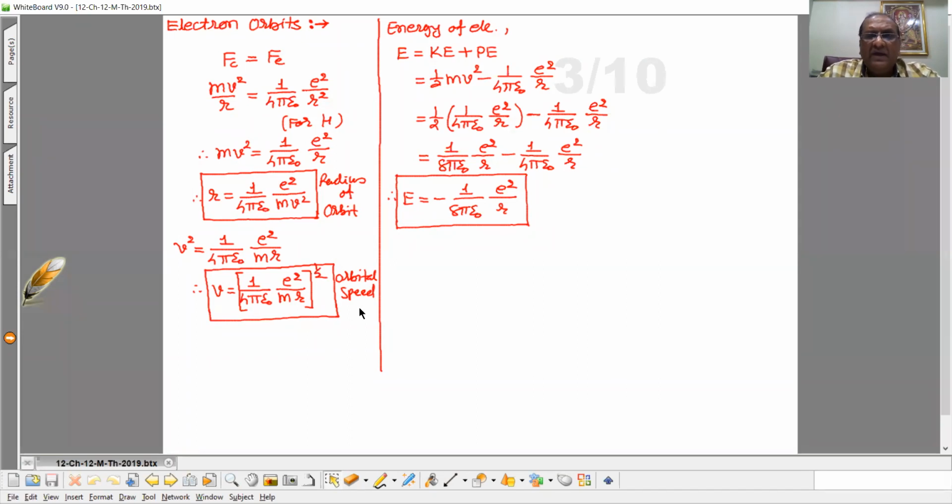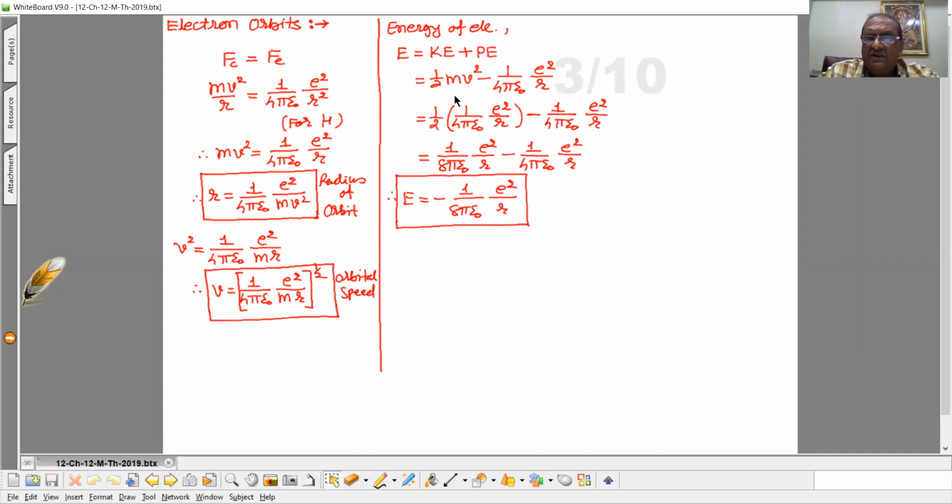Now, the energy of the electron in the orbit. The total energy of the electron is kinetic energy plus potential energy. Kinetic energy is half mv square, and potential energy is k q1 q2 upon r. Here q1 is the charge of the proton, e, and q2 is the charge of the electron, minus e.